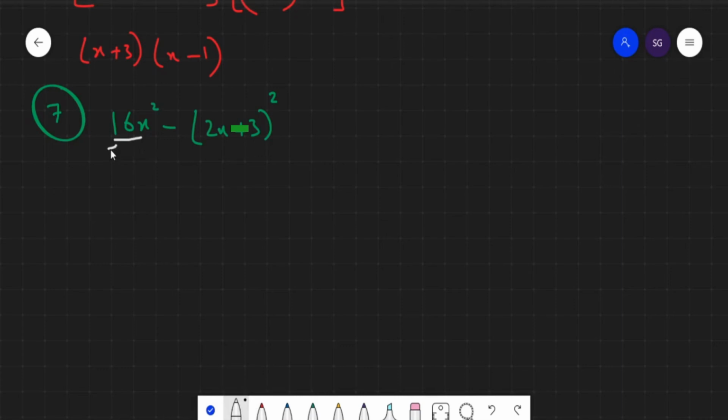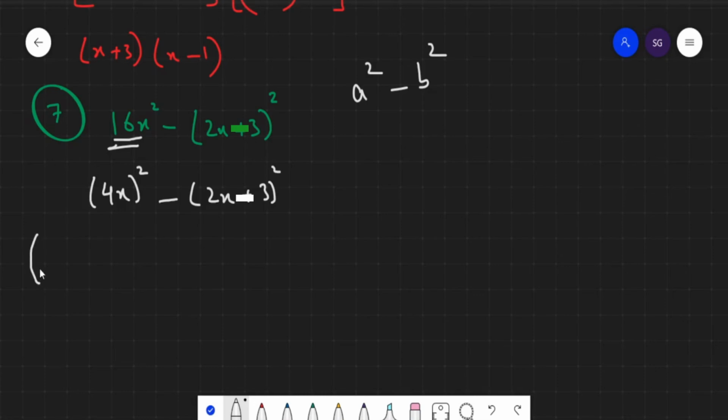We can write 16x squared as the square of 4x. So that's quite easily done. This is the whole bracket squared, so that is also serving the purpose of getting this structure, a squared minus b squared, the difference of 2 squares. It's getting me the same structure. And if that's the case, I can write it as the product of their sum. Now this is tricky.